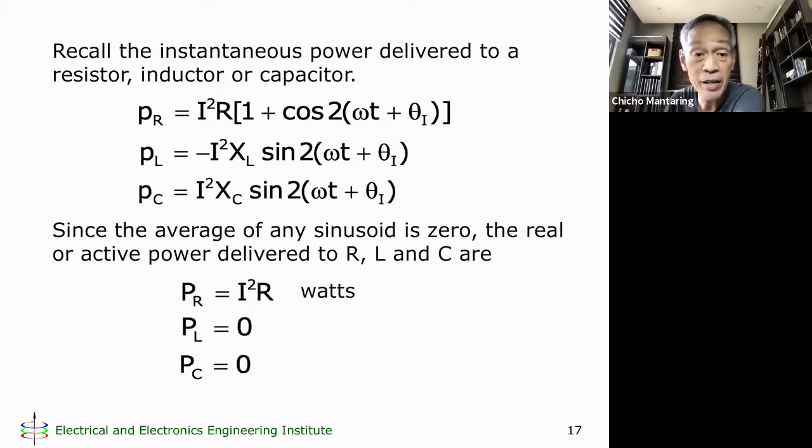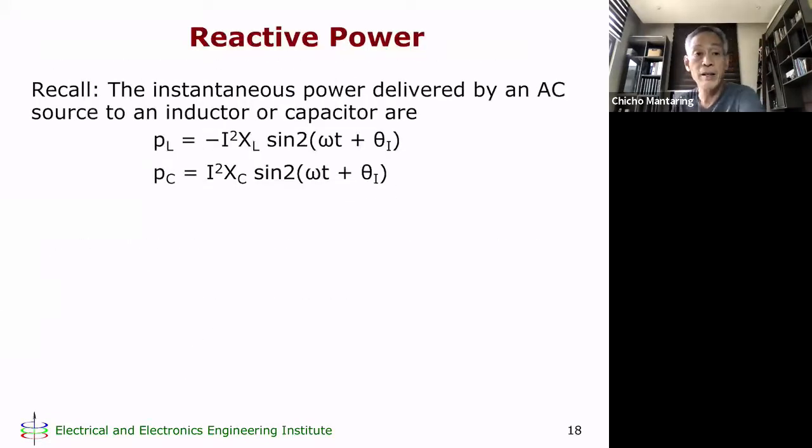And the real power delivered to an inductance and to a capacitance would be equal to 0 because the average power is equal to 0. I'm going to come up with our second definition now, and this is reactive power.